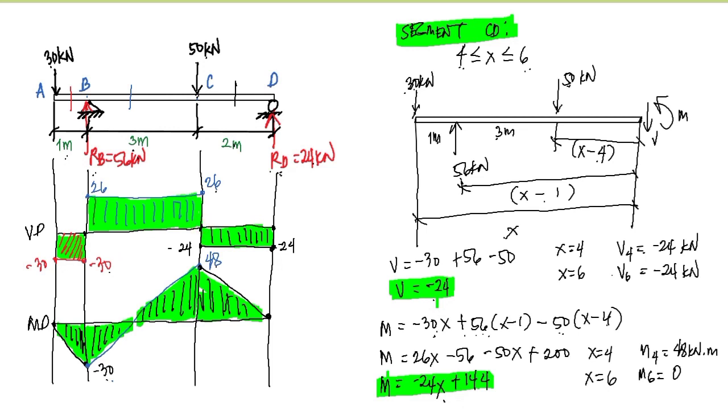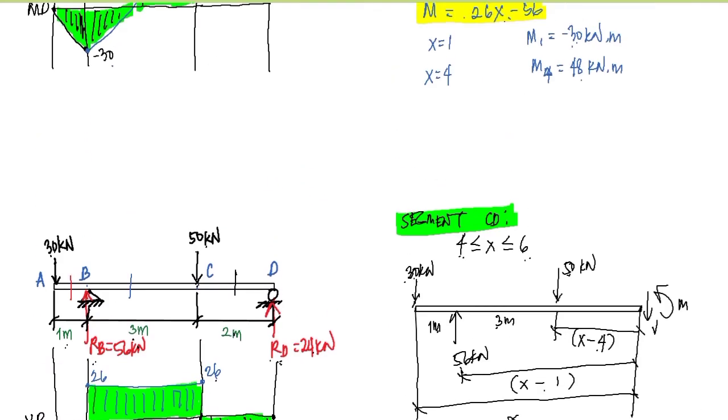Now, another question here is, what is the location of the point of inflection, this distance x here from the point A? So we cannot use the moment equation for CD because our point of inflection is in BC. Therefore, what we will use is the equation for BC.